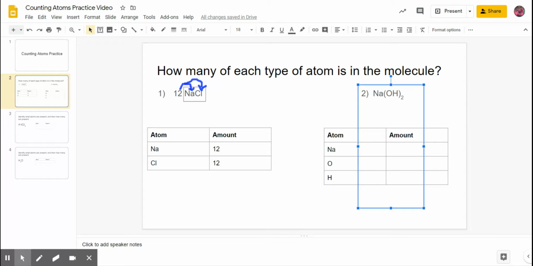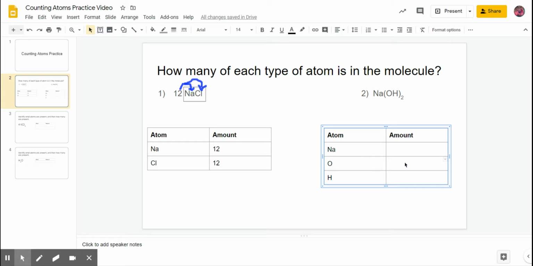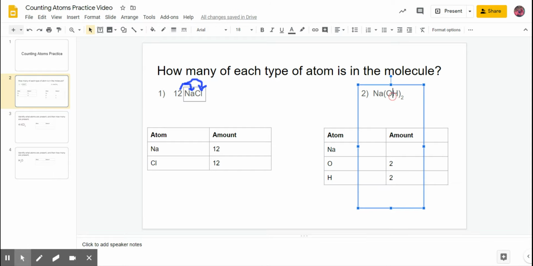So the 2 is only going to the O and to the H. Alright? So what that tells me is that I have 2 O and 2 H, because remember, no coefficient, none means 1, or subscript. No subscript means 1, so 2 times 1 is 2, 2 times 1 is 2.